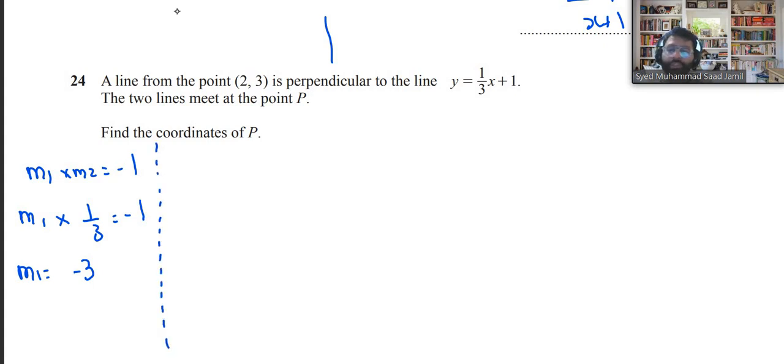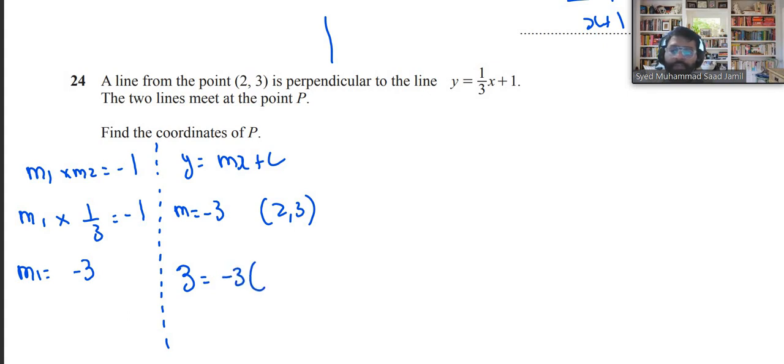Now the equation is y is equals to mx plus c. Alright. Y is equals to mx plus c. You guys already have the gradient minus 3 and you guys already have the coordinates 2, 3. So in place of y write 3. In place of gradient you will write minus 3.